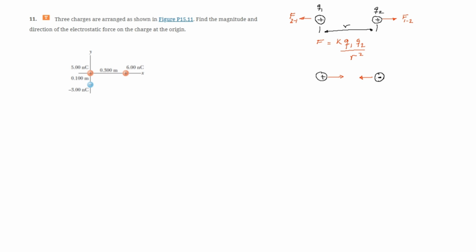This one is negative. So this is the charge Q1, this is the charge Q2, and this is the distance R between the charges. Now we have the force of attraction. This one is the force that 2 exerts on 1, and this is the force that 1 exerts on 2.